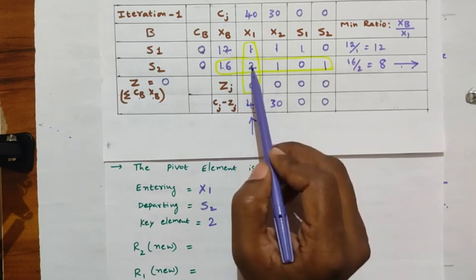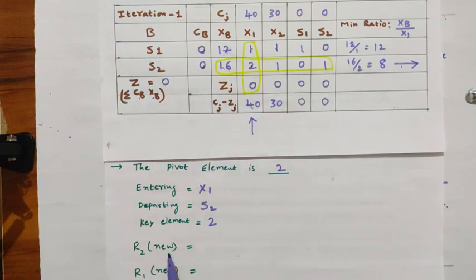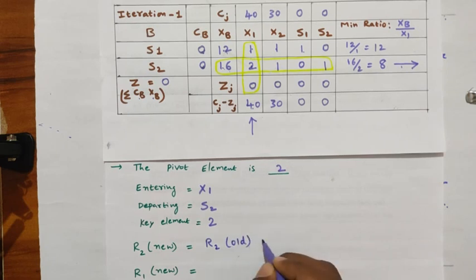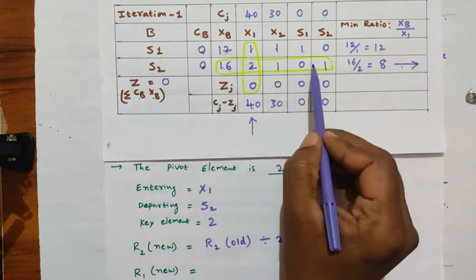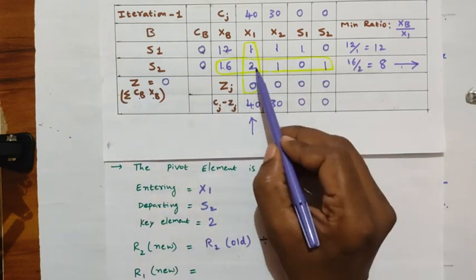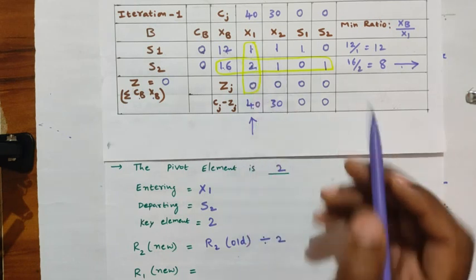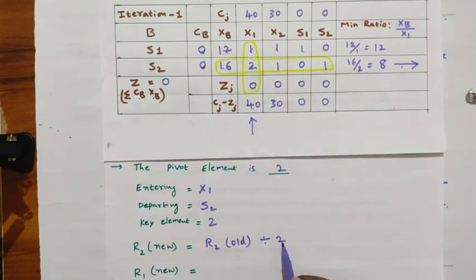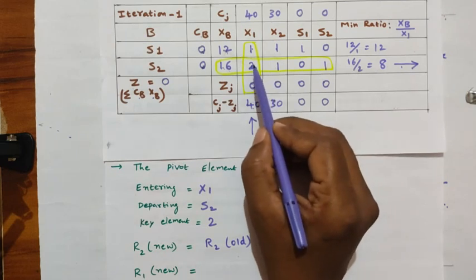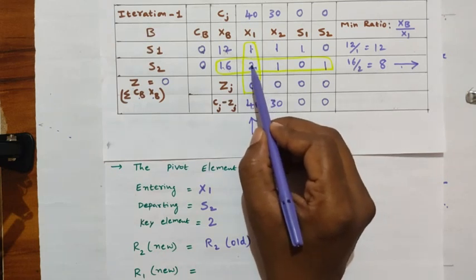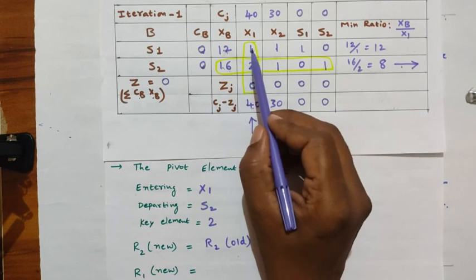So for that we write a formula: R2 new is equal to R2 old divided by 2. R2 is the second row. R2 old value is 2, and 2 divided by 2 gives 1. The other elements we need to make 0. So instead of this 1, I want 0 here.